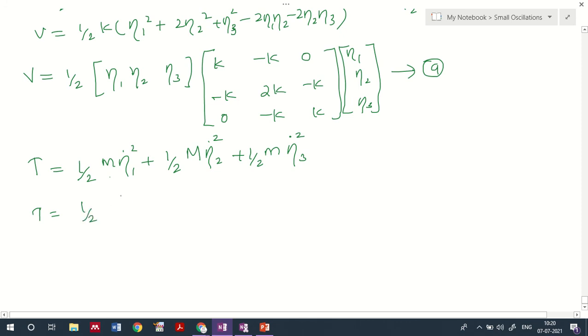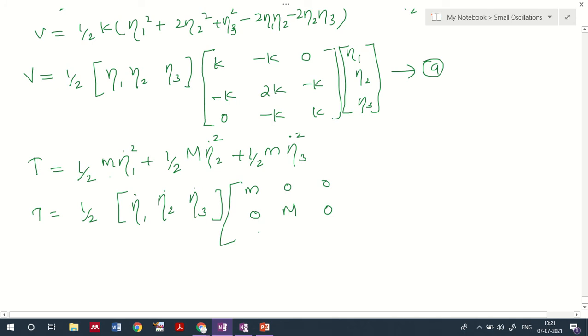That representation will be like this: eta 1 dot, eta 2 dot, eta 3 dot, and we'll have the matrix corresponding to kinetic energy, which will be m 0 0, 0 capital M 0, 0 0 m.